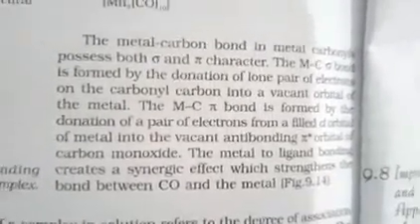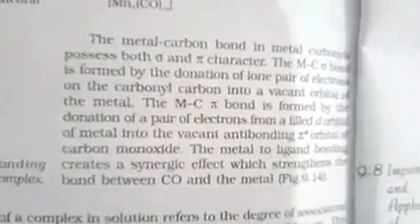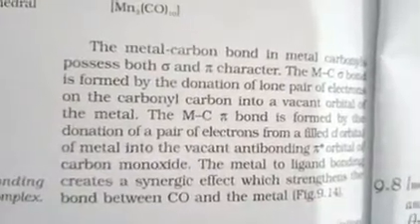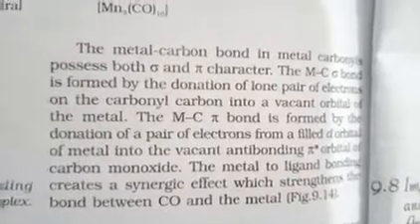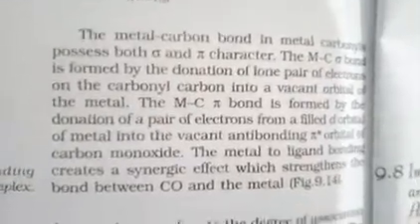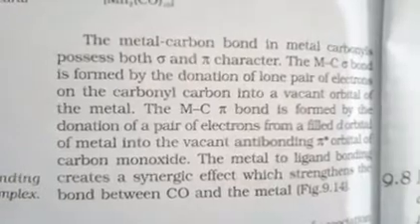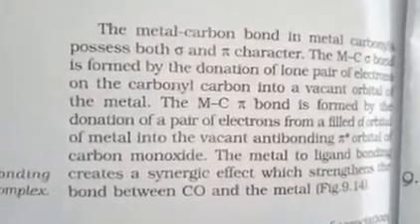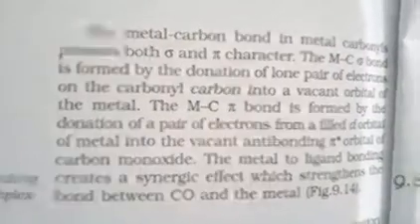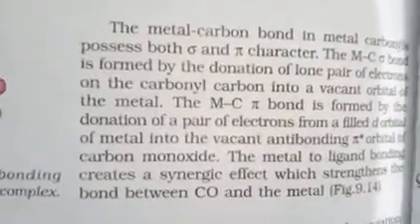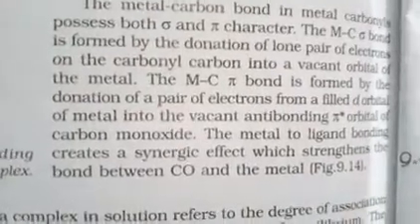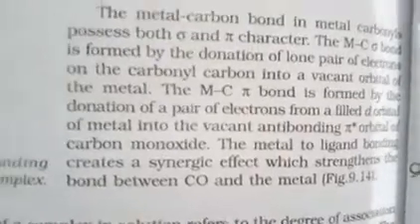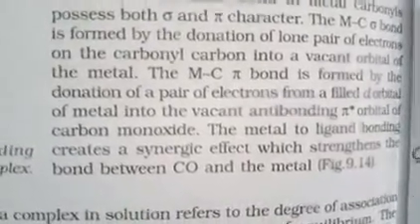That means if the pair of electrons is donated from the carbonyl carbon to the vacant d orbital of the metal, then it forms a sigma bond. And if the pair of electrons is donated from the filled orbital of the metal to the carbon of carbon monoxide, then it forms a pi bond. The metal-to-ligand bonding creates a synergic effect which strengthens the bond between the CO and the metal.